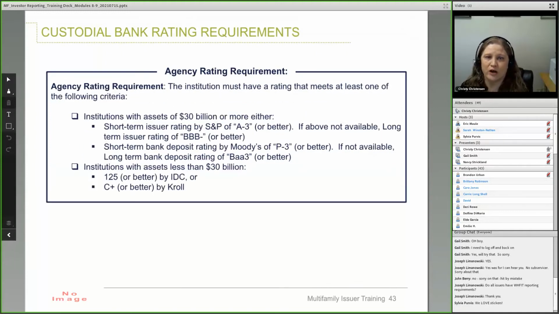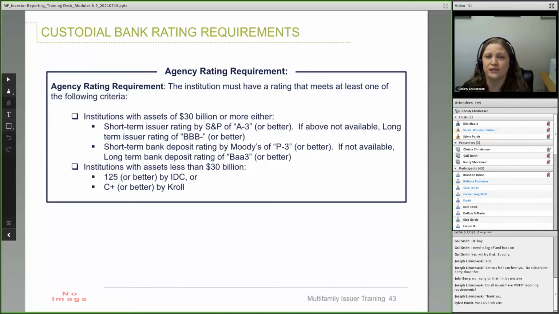Agency rating requirements state that the institution must have a rating that meets at least one of the following. Institution serving as funds custodian with assets of $30 billion or more must have a short-term rating by S&P of A3 or better, a long-term by S&P of BBB or better.